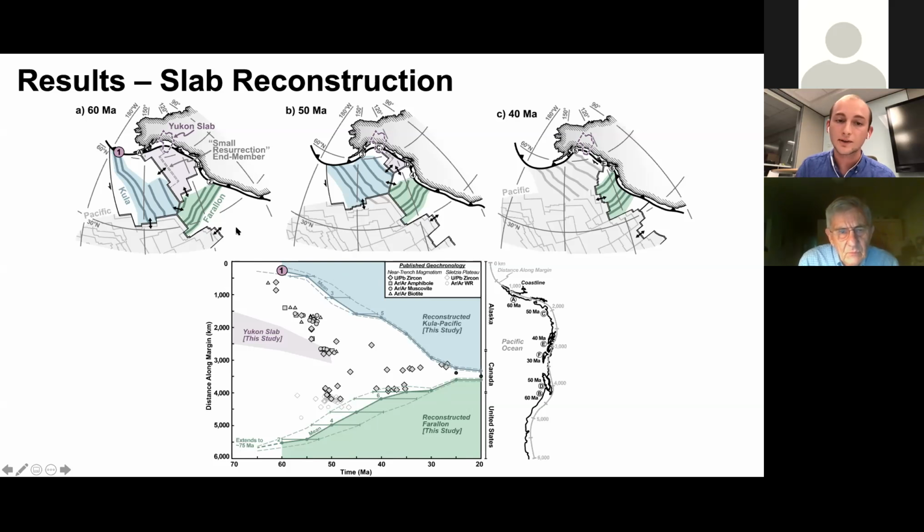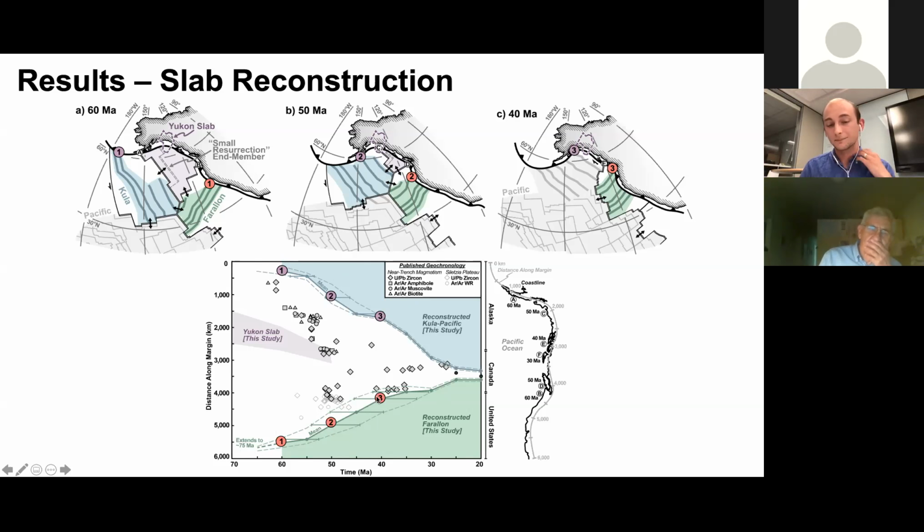So this first intersection point plots somewhere here for the Kula plate, and then for the Farallon plate, at 60 Ma, this intersection point plots somewhere here. So then we can repeat this process for a 50 Ma time slice, right? So now these two intersection points of our reconstructed slabs plot here, and repeat that again for 40 Ma. Now these two intersection points plot here.